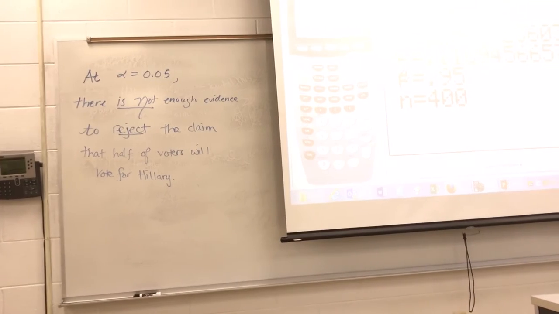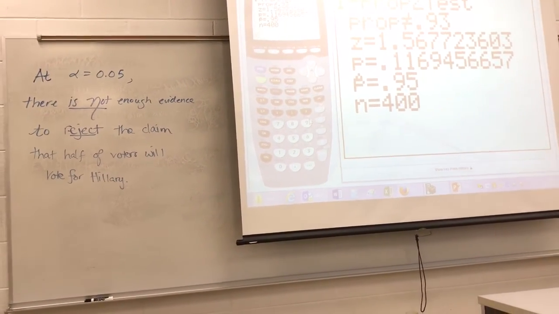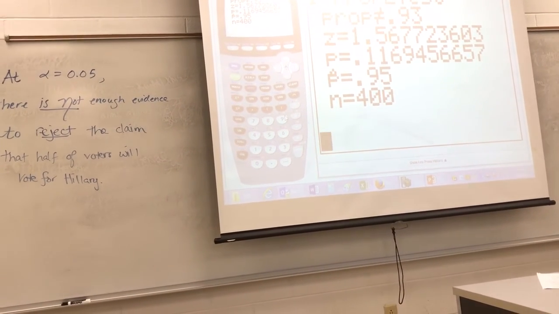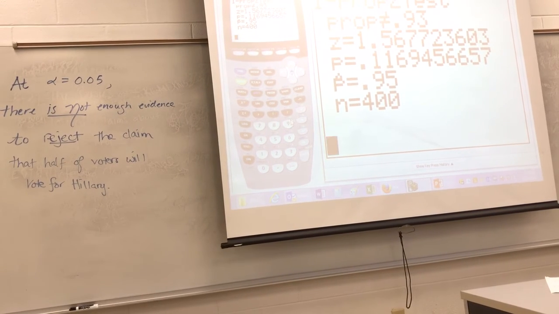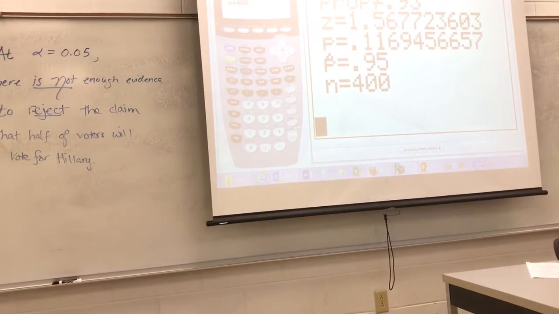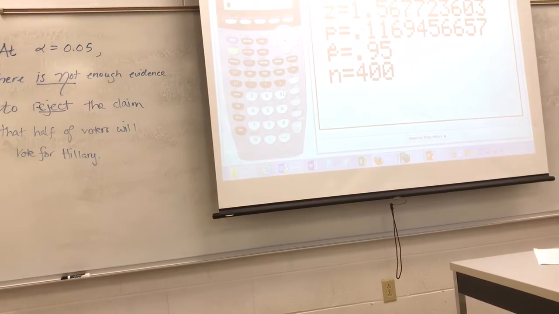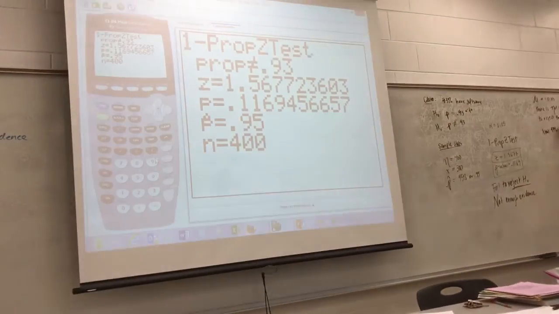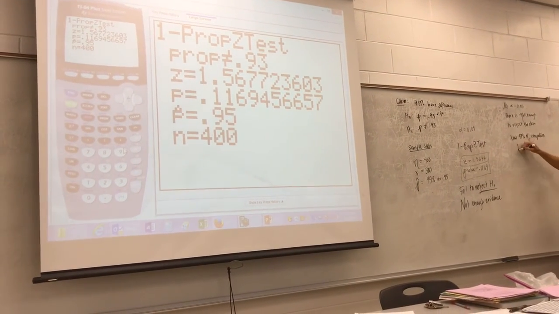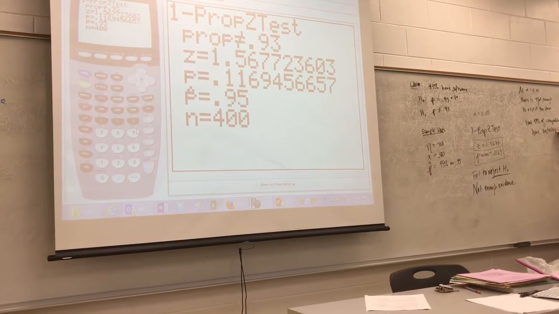So we're gonna say at alpha equal 0.05, there is not enough evidence to reject the claim that 93% of computers have antivirus software.